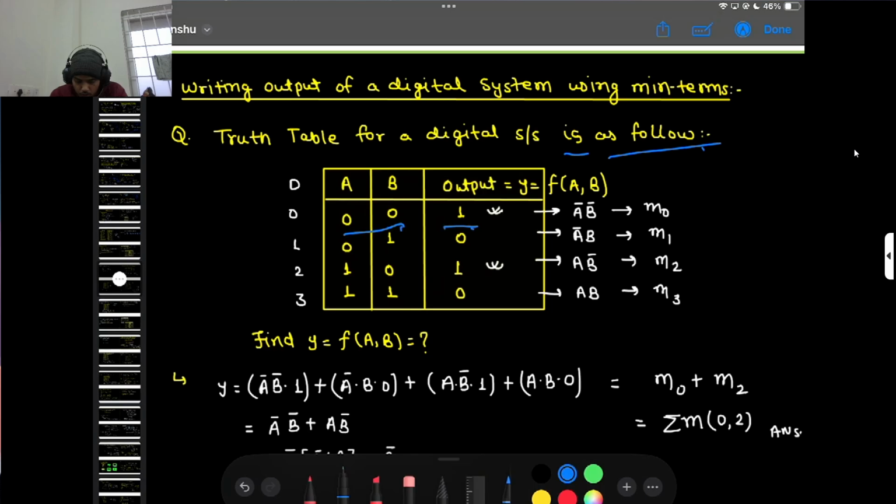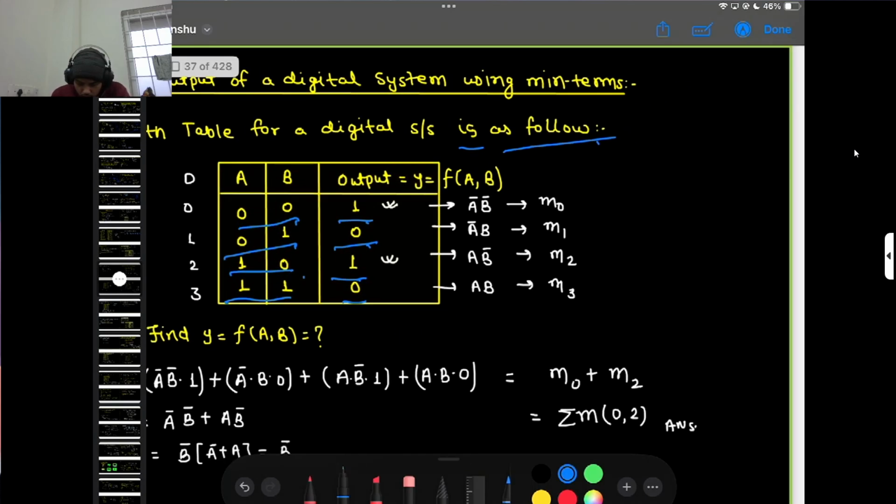If 0 0 then output 1, if 0 1 then 0, 1 0 then 1, and 1 1 then 0. So find y. How to find y? My m0 plus m2 is my output, but how to represent it in another way? For that we go through the K-map.